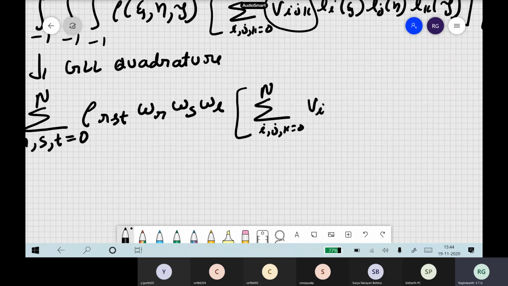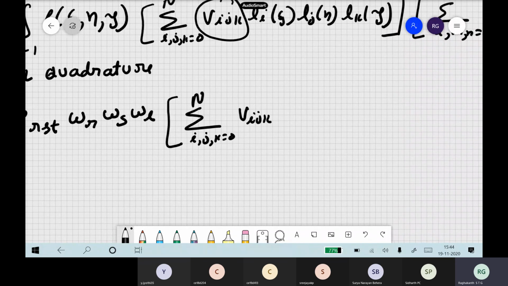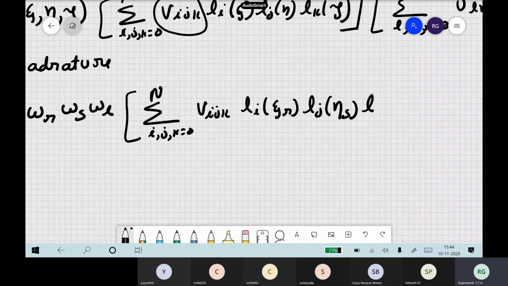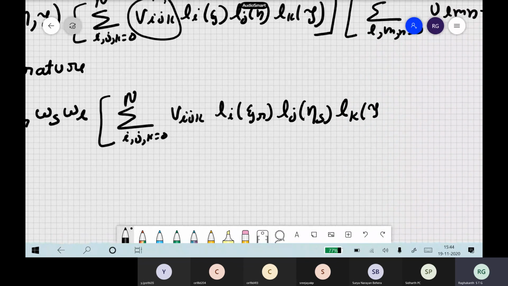So we have Vijk, and we have Li of psi r. So these are the Gauss points, that is the GLL points. Sorry, eta s, and then Lk of psi t. So this is the component here.